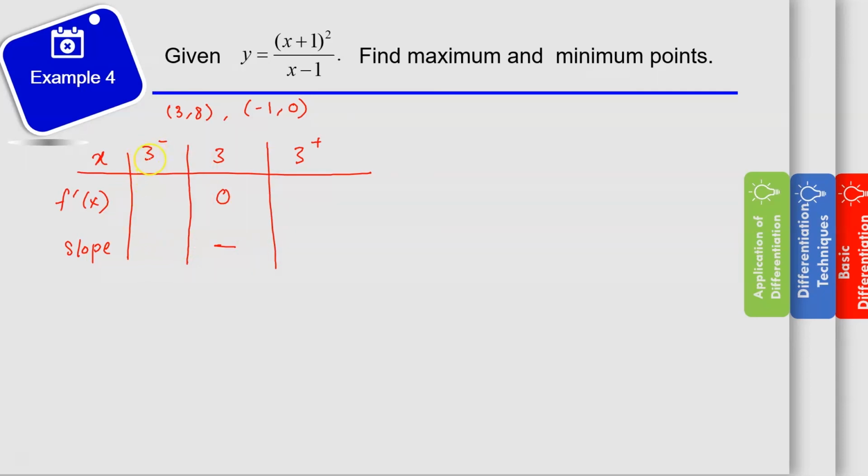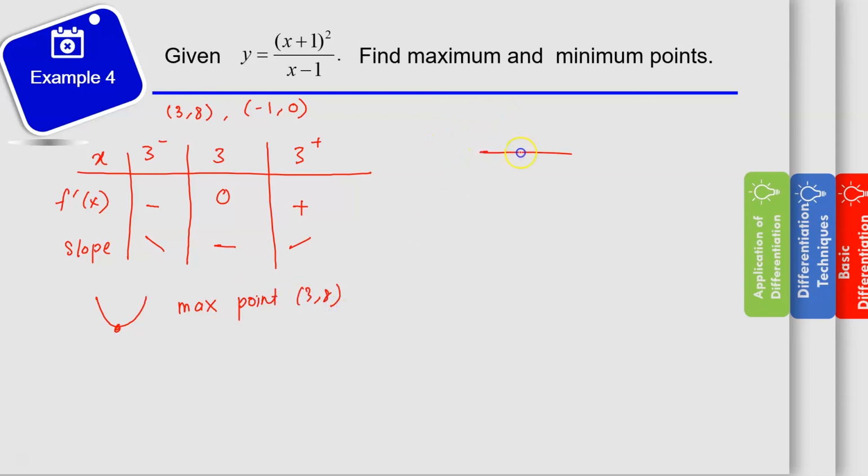When we substitute a value of less than 3, we get negative, so the slope is going down. On the positive side we get positive, so the slope is going up, which means you will have this shape. So we have a maximum point.